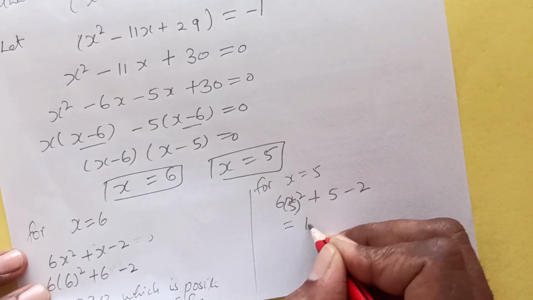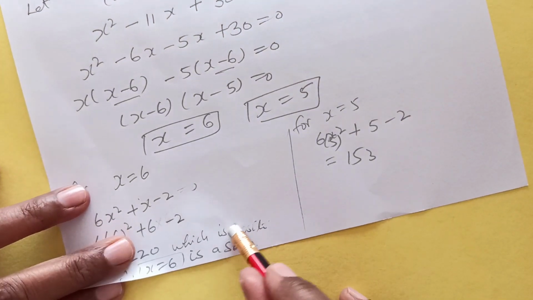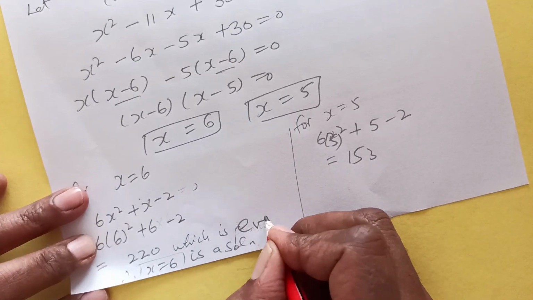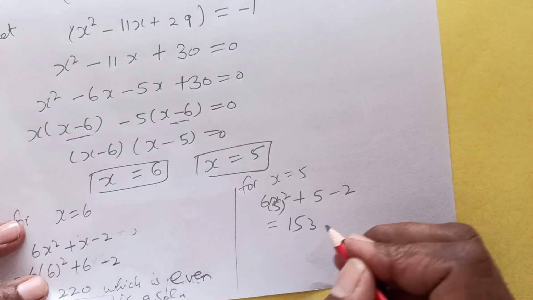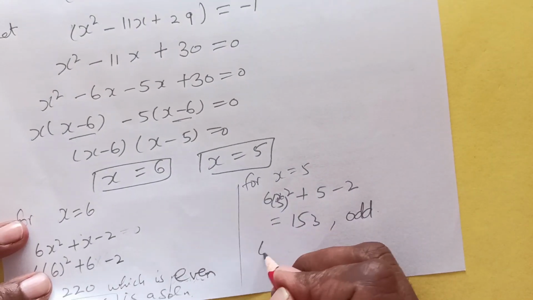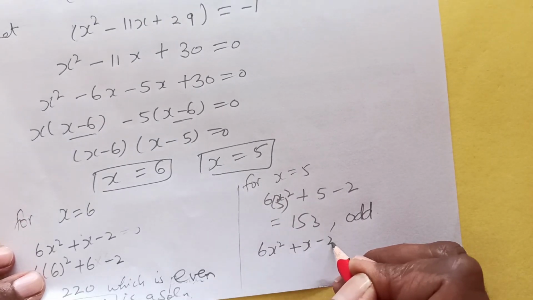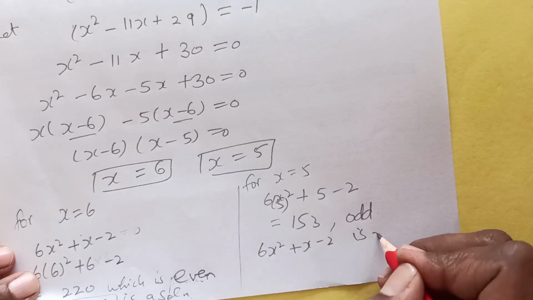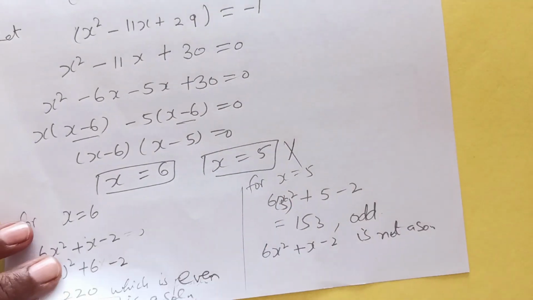So this is coming 153, which is an odd number. Power of an even number will give a positive answer, but this is an odd number, so 6x squared plus x minus 2 is not a solution, so we are rejecting x equals to 5.